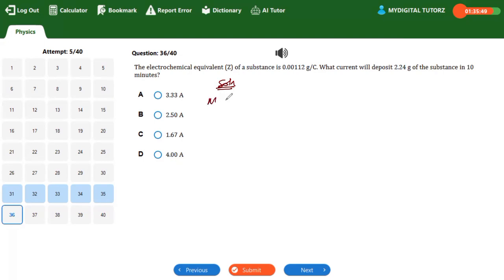That is, the mass is proportional to the current and to the charge, right? And charge is equal to what? IT. That's understood. So M is proportional to IT. When you remove the constant of proportionality, you have M is equal to ZIT. And this constant is known as the electrochemical equivalent.